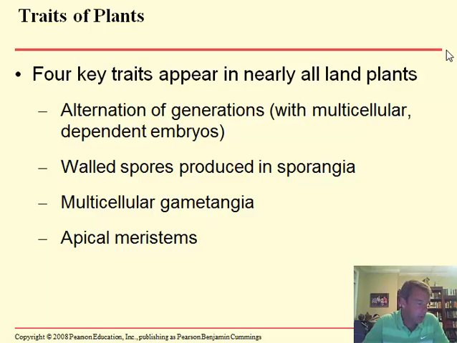All right, and so some plants spend most of their life in the gametophyte state, and some spend most of their life in the sporophyte. So there is variation within the plant kingdom, but all plants exhibit some form of alternation of generation.